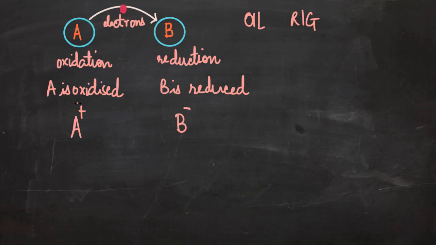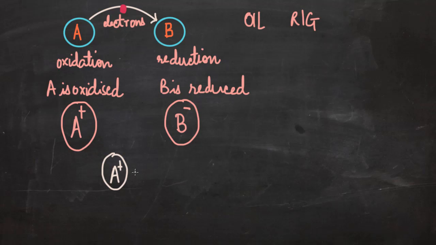Now these are the charges on atoms A and B. So since they are oppositely charged, they will come closer and they will form a compound A plus B minus. Such reactions are known as redox reactions.